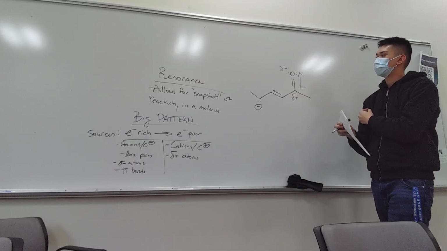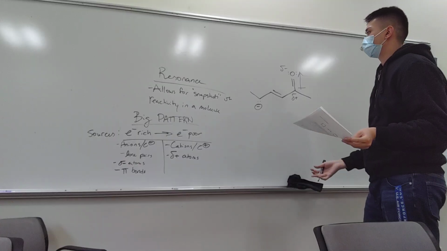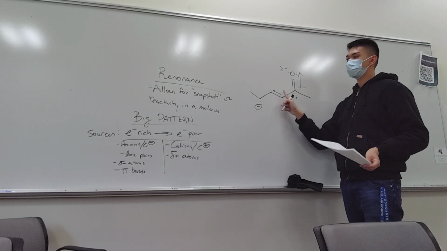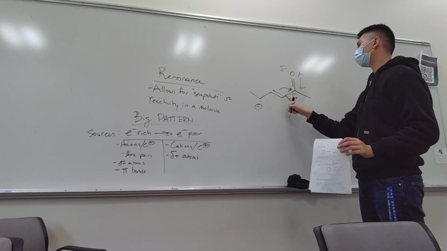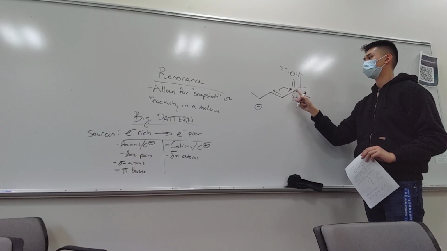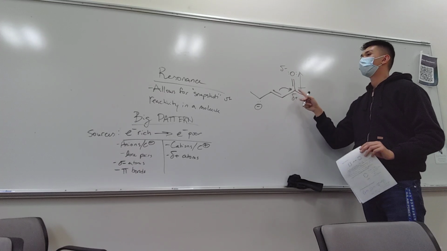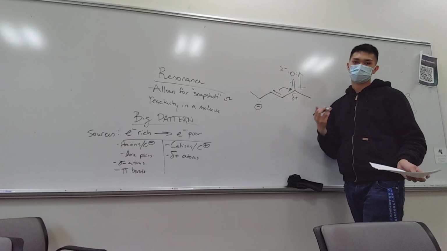Right? So, seeing that, we can see that we can indeed do resonance. We can go from electron rich to electron poor. So why don't we do that? Electron rich. But oh no, moving those electrons is going to break the octet here at this carbon. Why do I need to move this pi bond? Because of electrostatic repulsions.